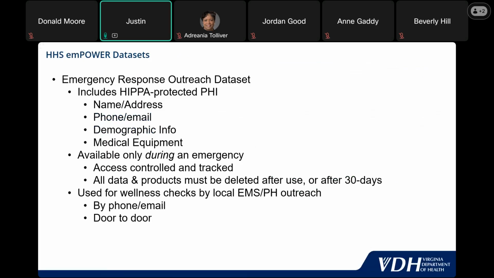It includes a name and an address, phone and email, demographic information such as race and ethnicity and age group, and then the specific medical equipment that sparked the claim that got it included within the data set. So the specific durable medical equipment that's used.